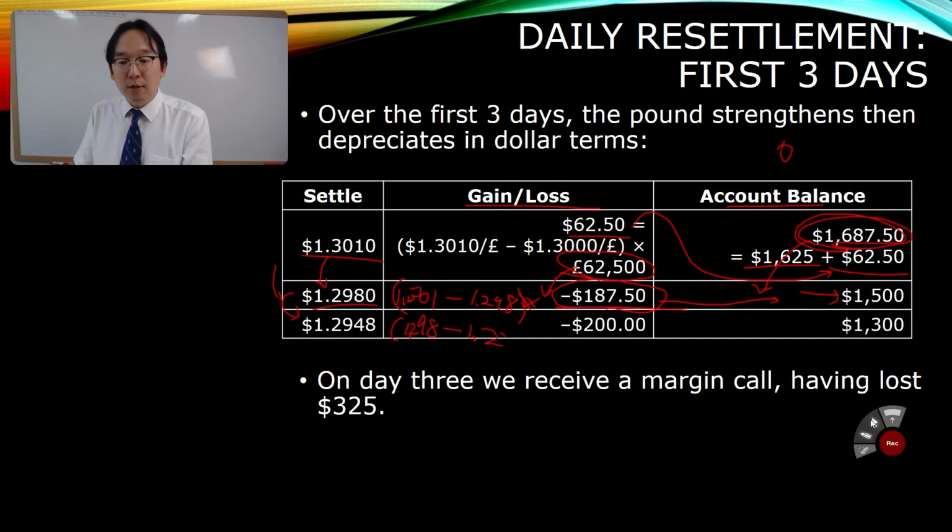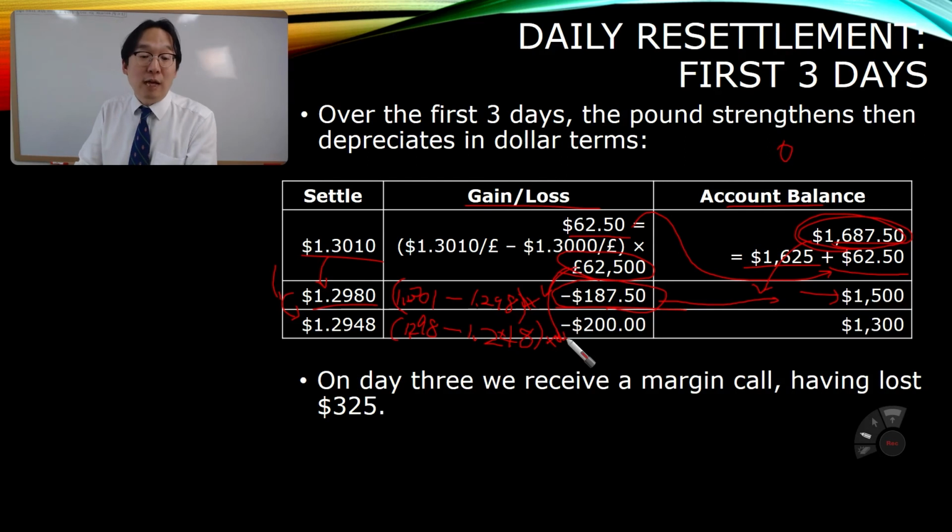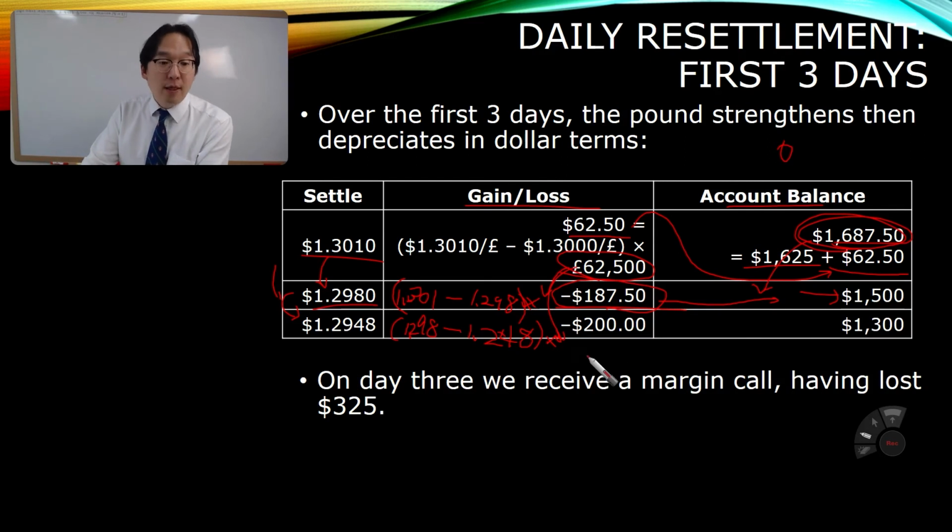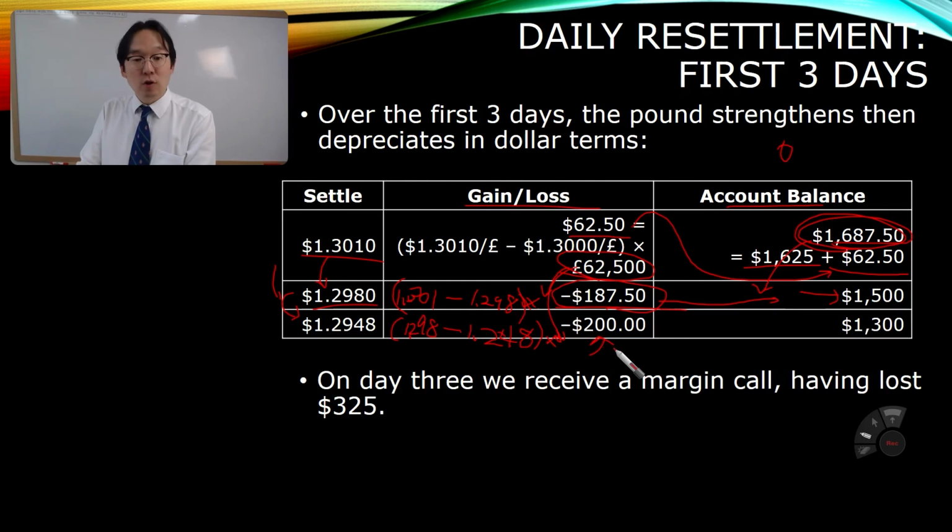Is that right? Yeah. So the difference times the unit, which is 62,500 pounds, then you will get minus 200. Okay, minus 200. Then what happens to your account balance? Well, subtract 200 from yesterday's account balance, which is 1,500, and you get 1,300.